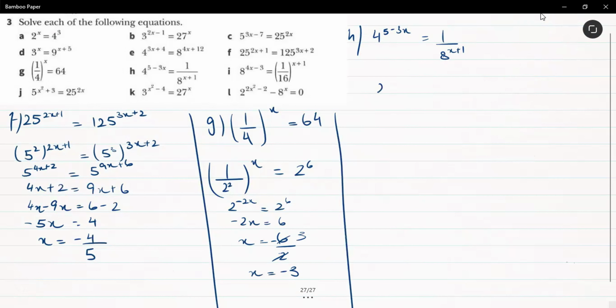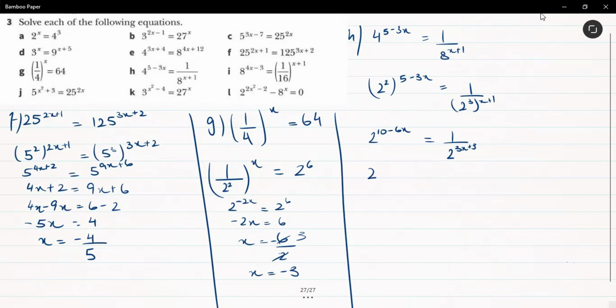So we are going to say that 2 squared raised to the power 5 minus 3x is equal to 1 over 2 cubed raised to the power x plus 1. Now simplify this real quick. So 2 raised to the power 10 minus 6x is going to be equal to 1 over 2 raised to the power 3x plus 3.